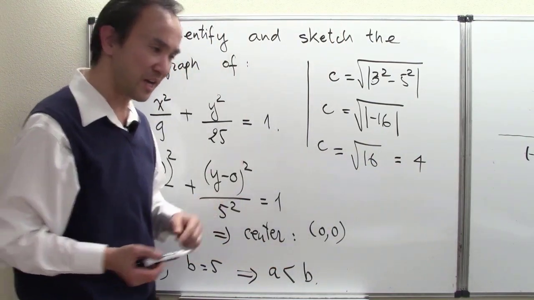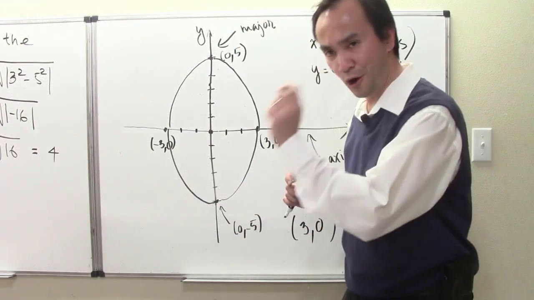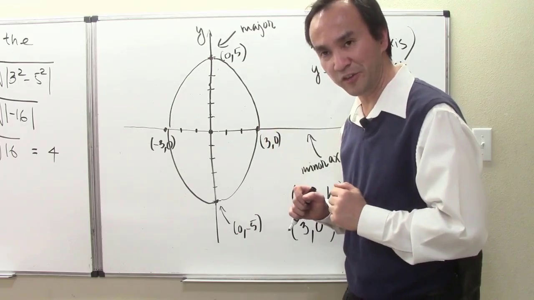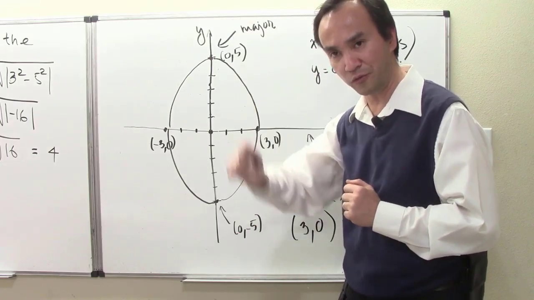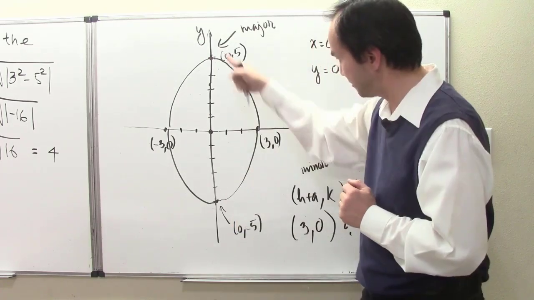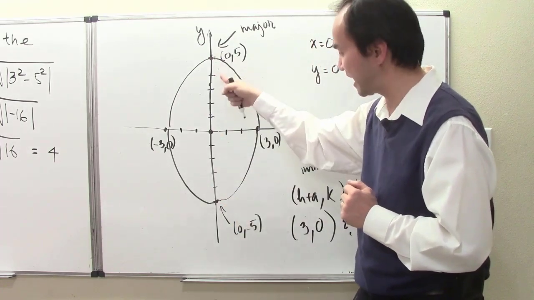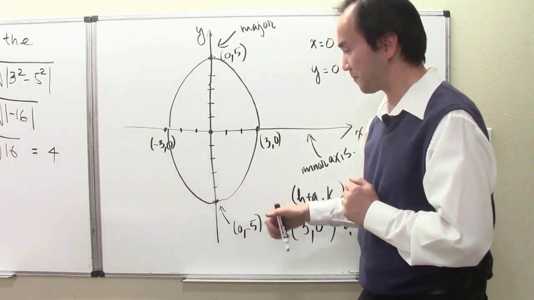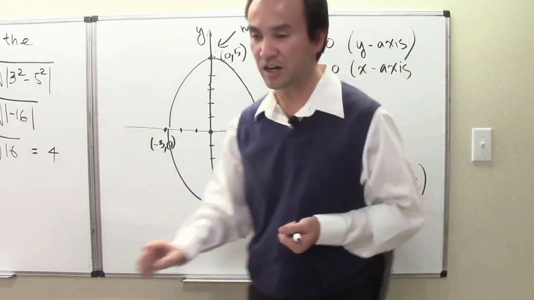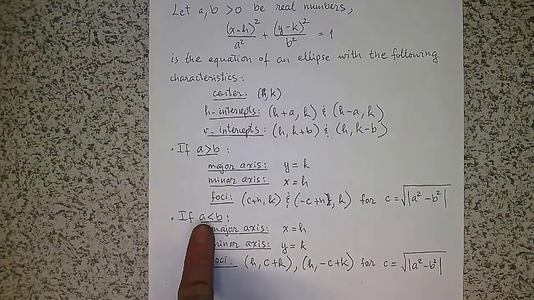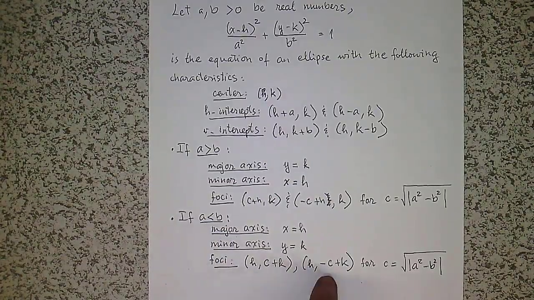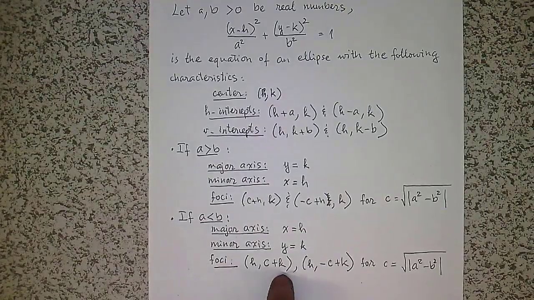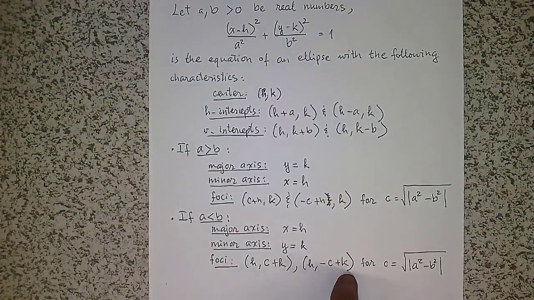So in that case, recall from the video lecture that the foci are always found right on the major axis. The major axis is here, so the foci are located on this line. So the coordinates of the foci, in our case where a was pointed out to be less than b, are the 2 points (h, c + k) and (h, −c + k).